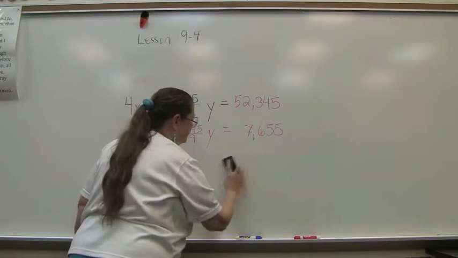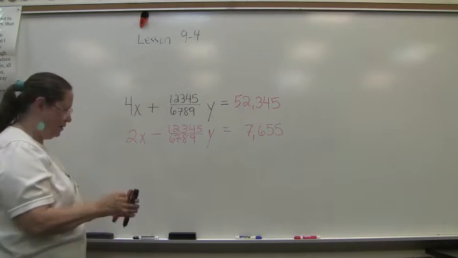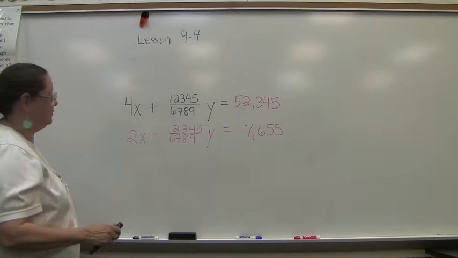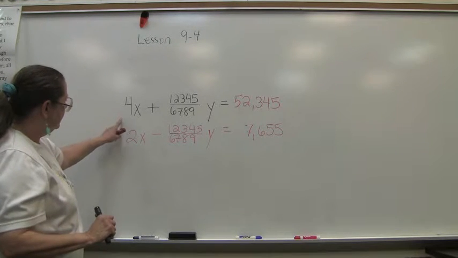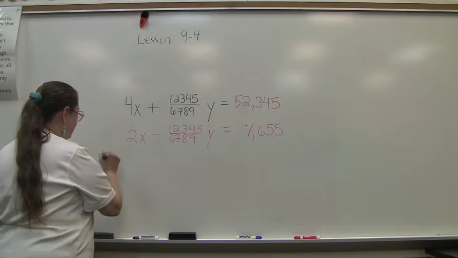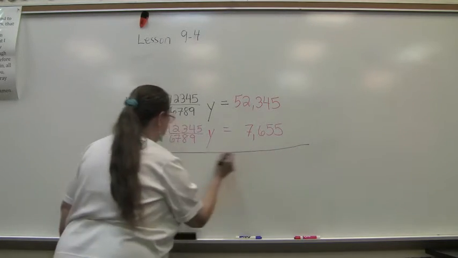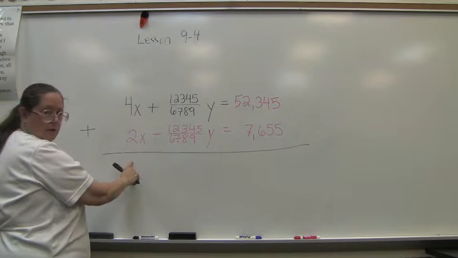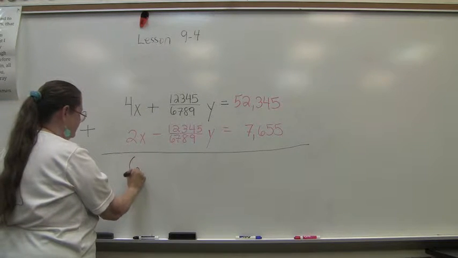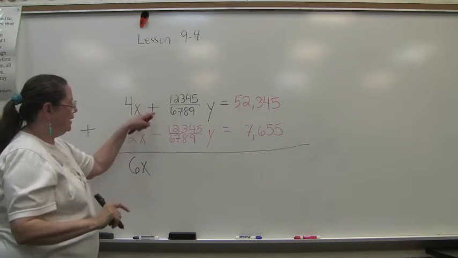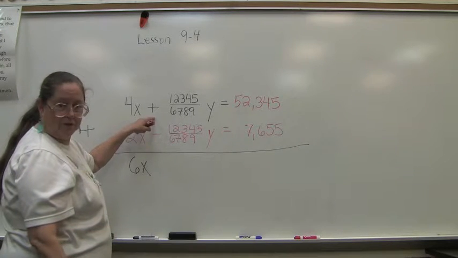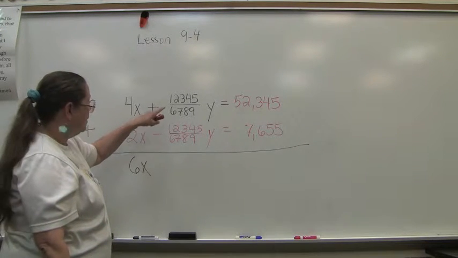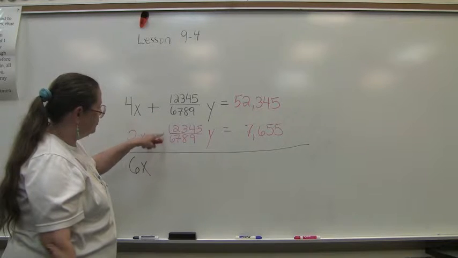Okay? Now, when I do that, oh, a wonderful thing happens. When I add here, right, so let me put my line. Here's my addition line. I'm going to add everything together. 4x and 2x, ooh, I get 6x. But when I add here, this is why it's called the elimination method. This and this are opposite.